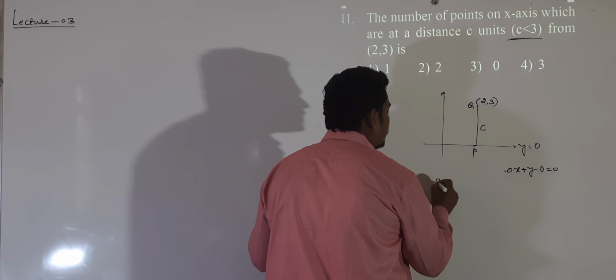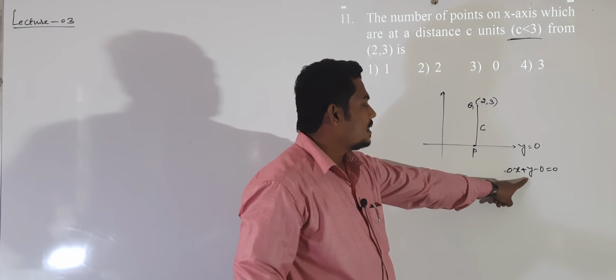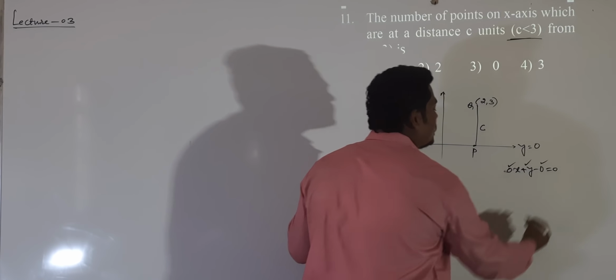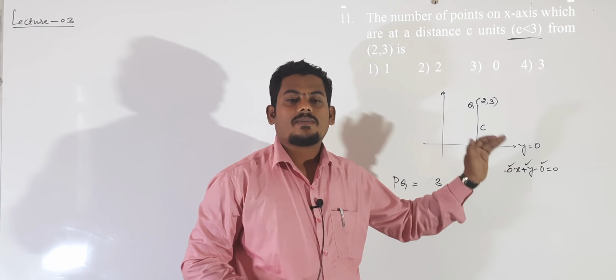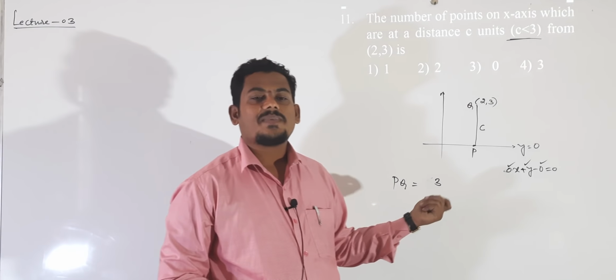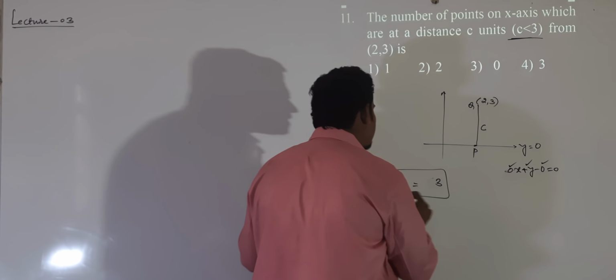Directly we get 3 units, right? In this case, A value 0, B value 1, C value 0. A into x1 plus B into y1 plus C, modulus, divided by square root of a square plus b square. If you simplify, you get PQ is equal to 3.